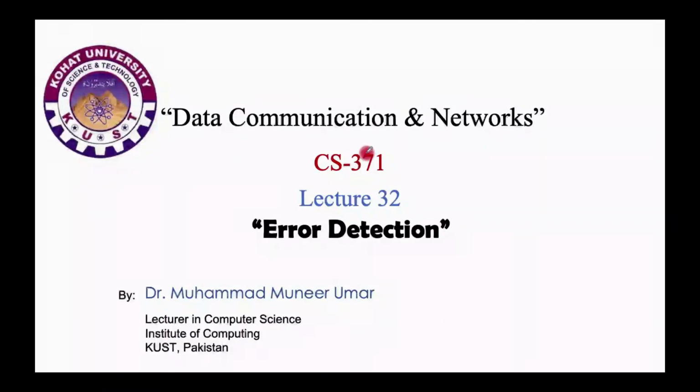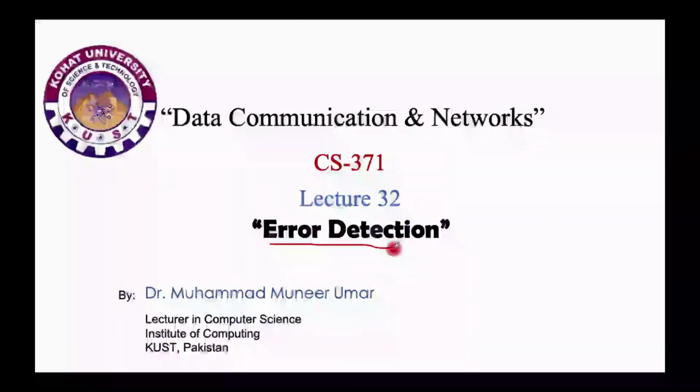Today in lecture number 32, we will be studying about error detection. We have already studied about the impairments, in which we studied that the transmitted data may get corrupted during the transmission, and it is possible that the received data would not be similar to the transmitted.